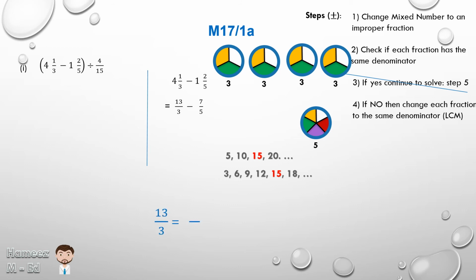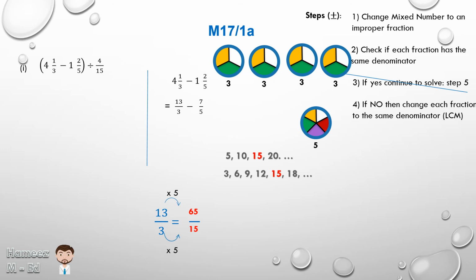So 13 over 3 is converted to something over 15. 3 times what will give us 15? 3 times 5. And if we multiply by 5 below in the denominator, we multiply by 5 on top, because we want to keep it equivalent, keep it the same. So 13 times 5 is equal to 65.